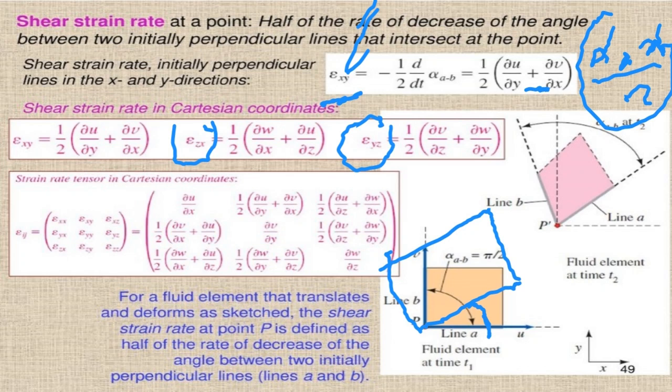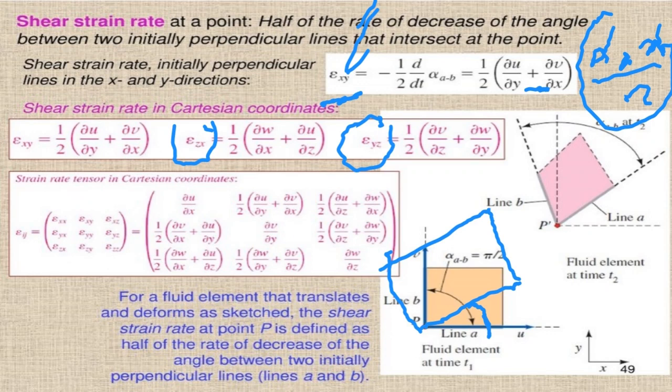We have epsilon xy, but we also have epsilon yx. Then we have epsilon xz, but we also have epsilon zx, and epsilon yz and epsilon zy. So it means that we have a total of 9 strain rates. 3 of them are linear strain rates and 6 of them are shear strain rates.